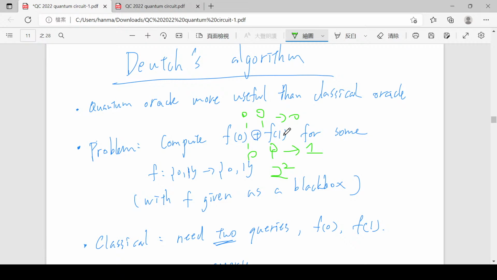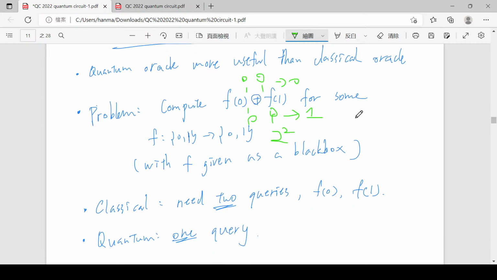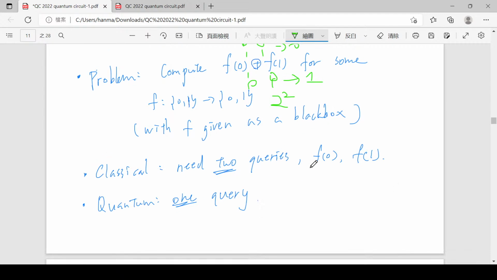And in this algorithm, we'll see that quantum oracle is more useful than classical oracle, and superposition is useful. Okay. So let's talk about classical oracle first.